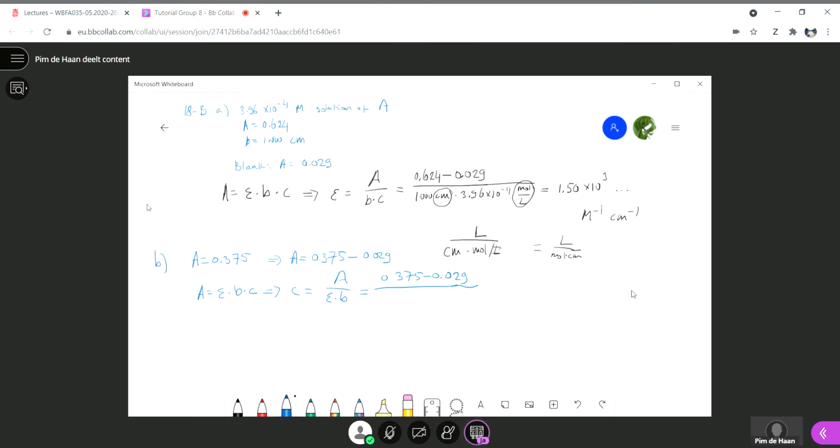1.50 times 10 to the third per molar per centimeter, times B, 1.00 centimeters, equals, how much is this? 2.31. 2.31 times 10 to the negative 4 molar.